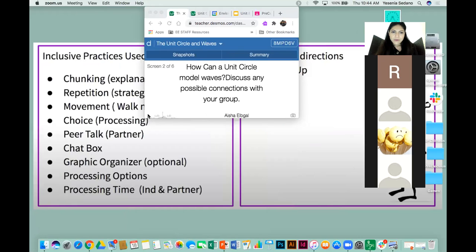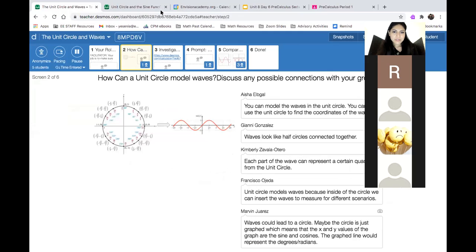Welcome, welcome. I am waiting for all the groups to come back so we can talk about this. Now, let me make sure I anonymize this so we can take a look at what we have.